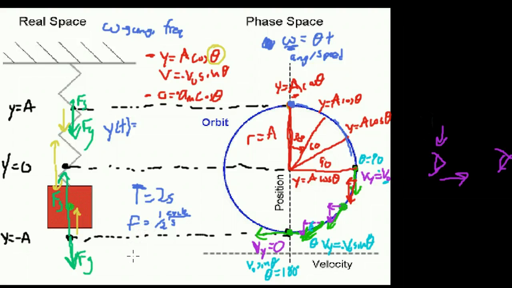One of the things that we can do is relate omega to 2 pi divided by the period, which we could also then relate to 2 pi times the frequency. The reason we can do this is because in the time that it takes to complete one circle, which is 2 seconds, it completes 2 pi radians of motion. So that's the angular distance, and that's the time.